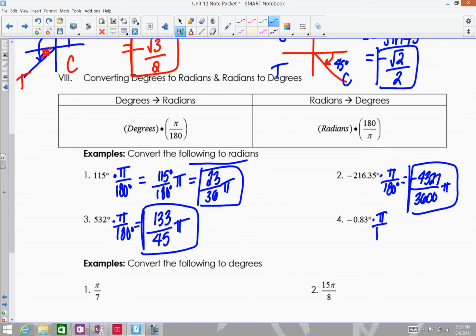Multiply by pi over 180. So essentially divide it by 180. And then if you can get it into a fraction you want to, then put the pi back in your answer. This one won't actually come out to be a fraction, so I'm going to just write it as a decimal. Negative 0.00461. And I'm going to put pi in that.